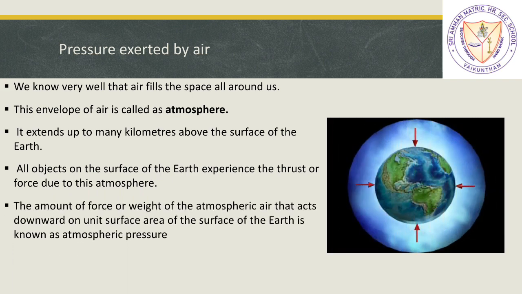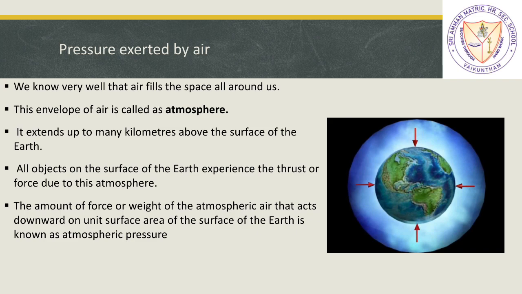So you can see in the picture, the Earth is there, and you can see one more ring, and that is nothing but the atmosphere. This air, or the atmosphere, will apply some force.